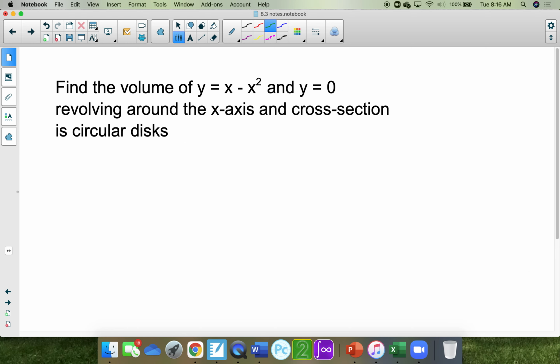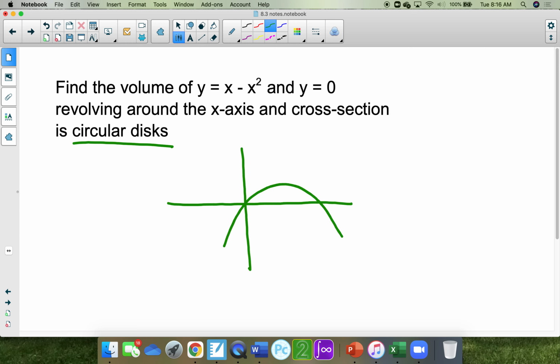Okay, another one, find the volume of y equals x minus x squared and y equals 0, revolving this around the x-axis, and the cross-section again is circular discs. You graph this, it looks like this, and you're going from here to here, revolving this around the x-axis.